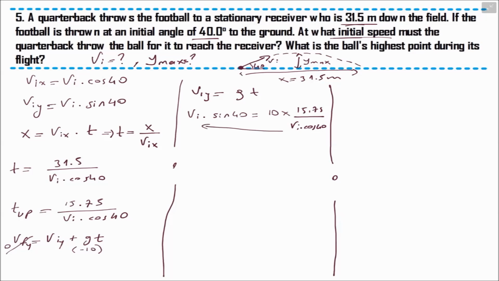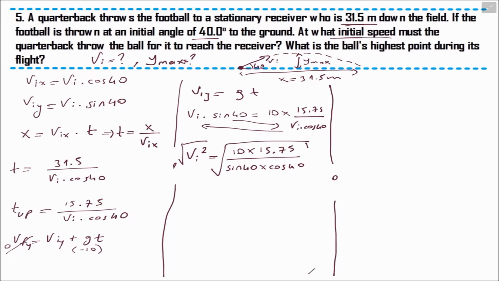I will send v initial here, sine 40 here. So it will be v initial squared equals 10 times 15.75 over sine 40 times cosine 40. If we take the root of both sides, v initial will be 17.9 meters per second. So we have done the first step because it's asking what's the v initial.